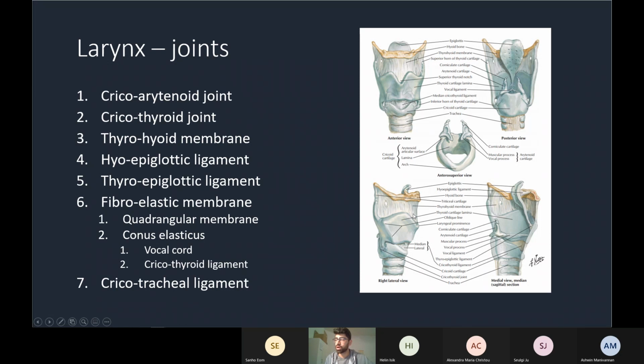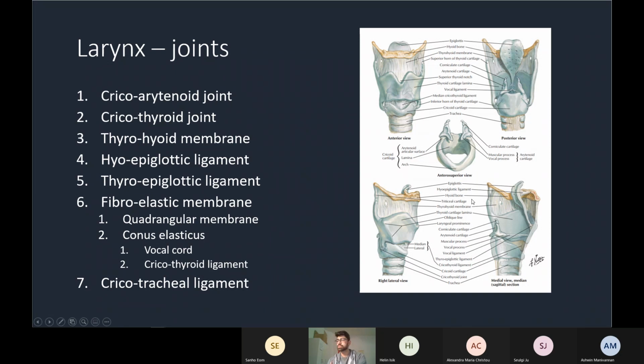So this is the thyrohyoid membrane. This is classified as a syndesmotic joint. And as you can tell from the name, the larynx or the thyroid cartilage hangs off the hyoid bone. So this simply connects the inferior or caudal border of the hyoid bone with the superior border of the thyroid cartilage.